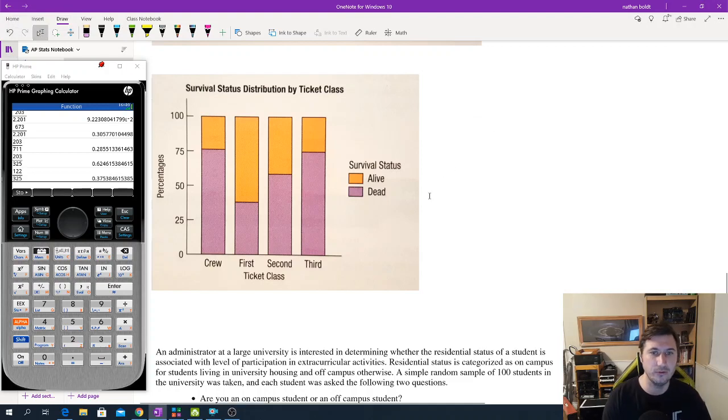All right, so in terms of survival status, the first thing I see is the first class are much more likely to survive, and the other three are fairly, I might just go with third and the crew are very much the same. Second class and first class have a lot less not surviving as alive.